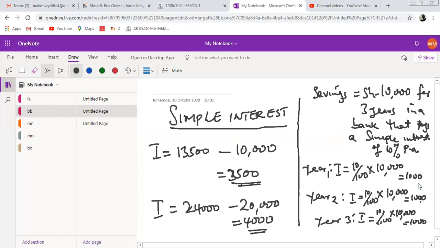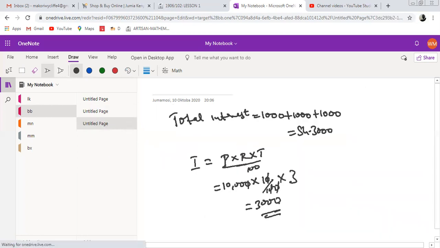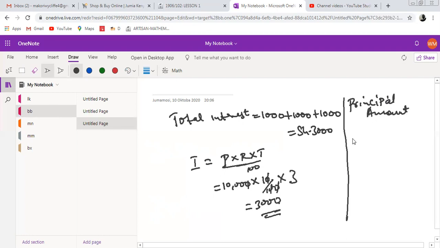So you can be given several examples whereby you are told to calculate the simple interest. But before that, allow me to also emphasize something here. In calculating the interest, you need to know this terminology: we have the principal amount, the rate, the time, and the interest itself. The principal amount is the amount that you borrow or invest.